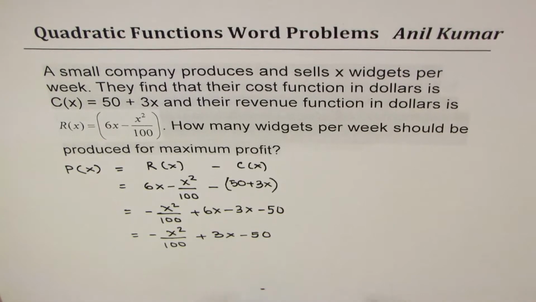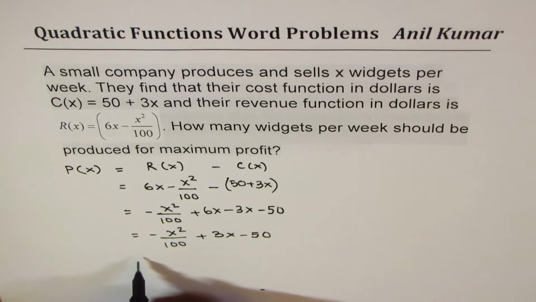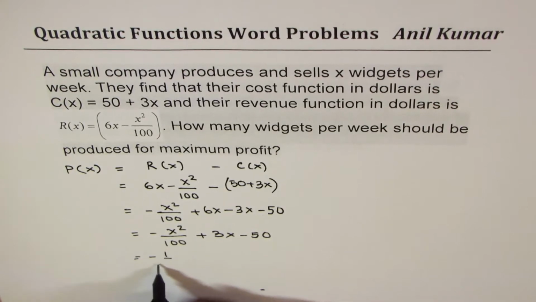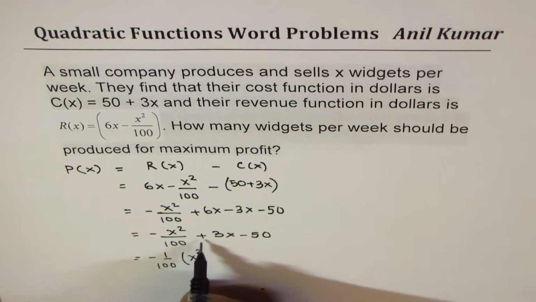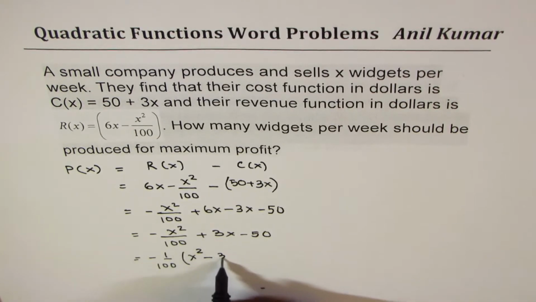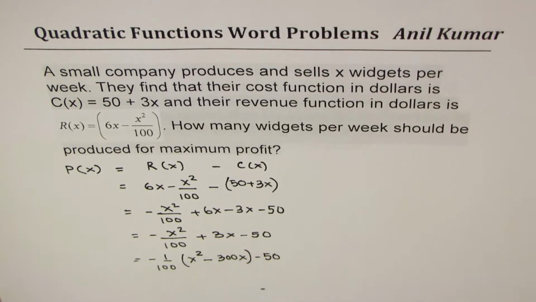Now to find maximum profit, you could do completing squares. So let's factor out the coefficient of x², which is -1/100. And what you get here is x², this becomes -300x + 5000, correct?